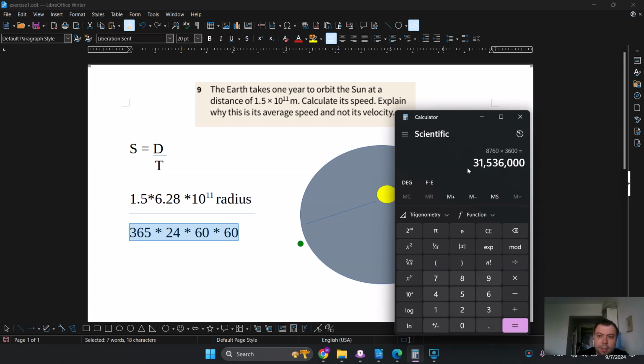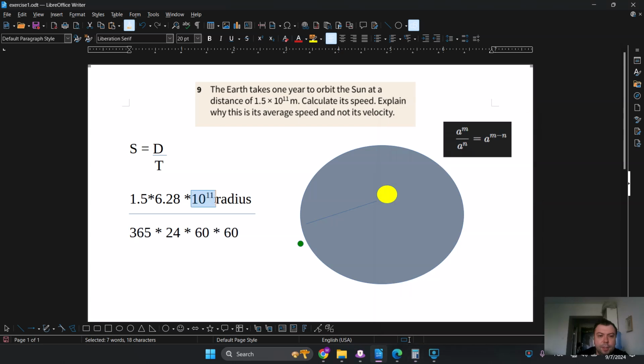Okay, so we have again a very large number. We have 31,536,000 seconds. So let's convert it. Just like here, they convert this distance to 10 to the power of 11, because they express it in meters, this million kilometers.